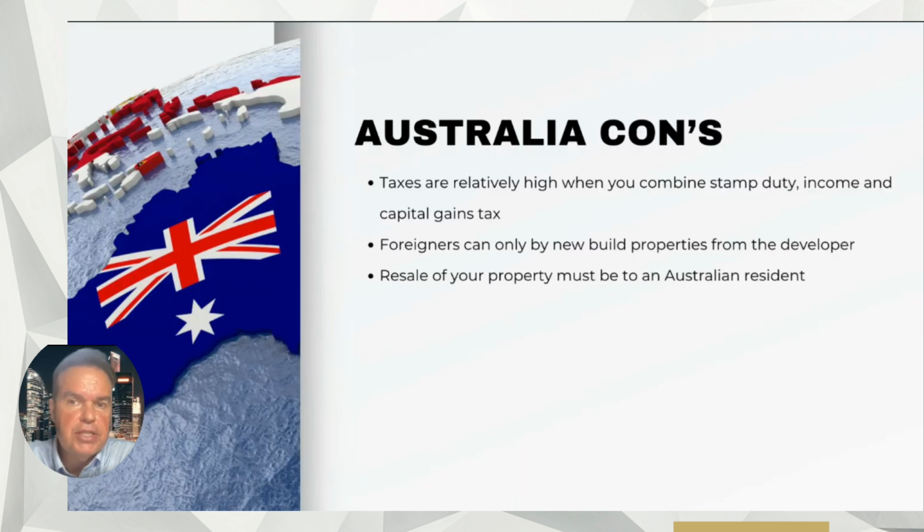Now, the capital gains tax is pretty hefty, starting at 30% and quickly going up to 37%, and that doesn't include the income tax and the stamp duty up front. Those things can be offset, but when you have significant capital gains tax, it can have a major impact on the total ROI, or return on investment, of your property.